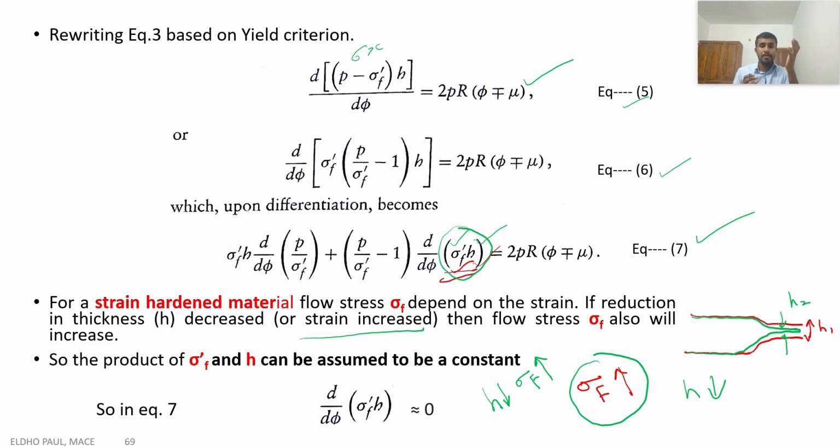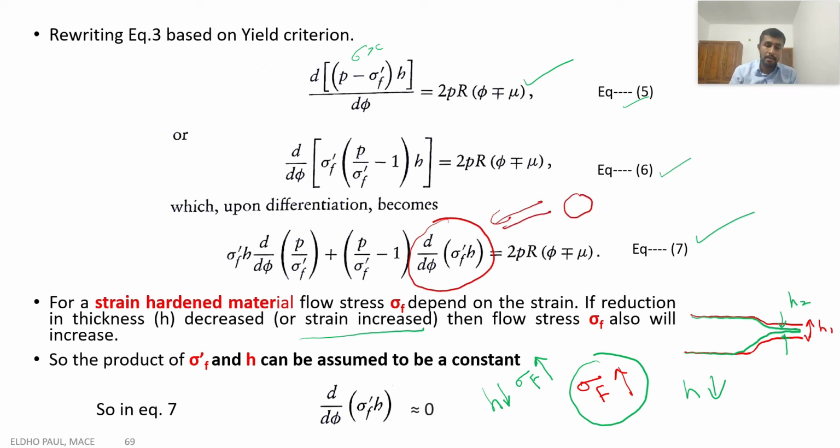That means we can consider sigma dash into H as a constant, because when sigma dash increases, H decreases, and when sigma dash decreases, H increases. Both respond in opposite directions. So when we multiply these two quantities, we can say that it is a constant. When we differentiate a constant value, that is equal to 0.